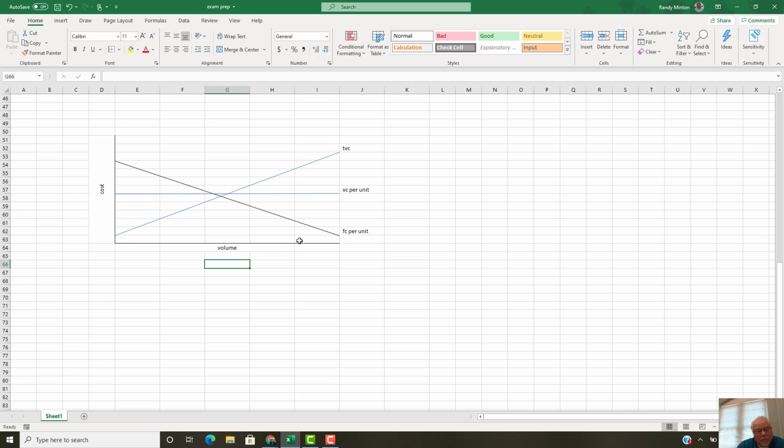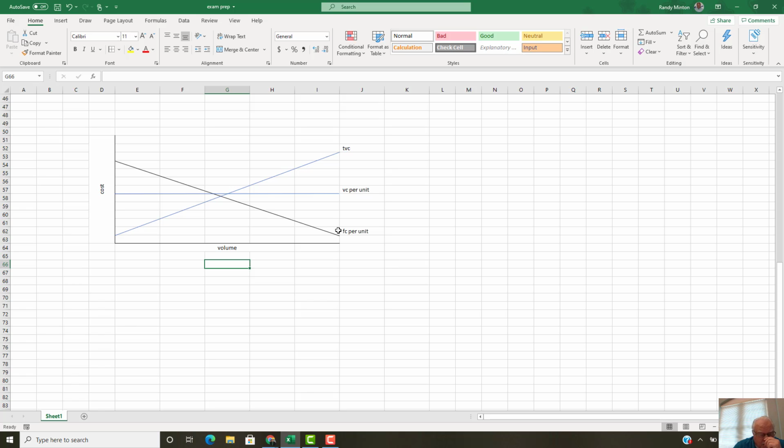So you have volume along the X, you have along the Y-axis, you have cost, okay? So now we have total variable cost going up as your volume goes up. You have fixed cost per unit dropping as your volume goes up. You have variable cost per unit constant because it never changes. Okay, and so that's kind of what this thing looks like.